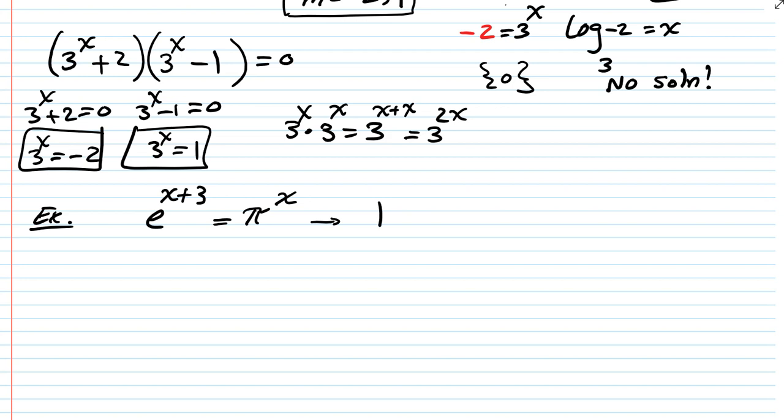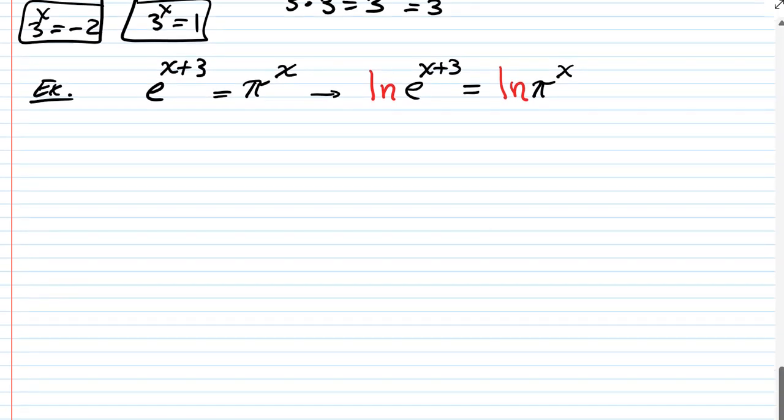So from this, I'm going to use color. So I'm taking ln of the left side and I'm taking ln of the right side. That's what I'm doing. So it's going to be ln of e to the x plus 3 equals ln of pi to the x. You see that? It's called taking log of both sides.